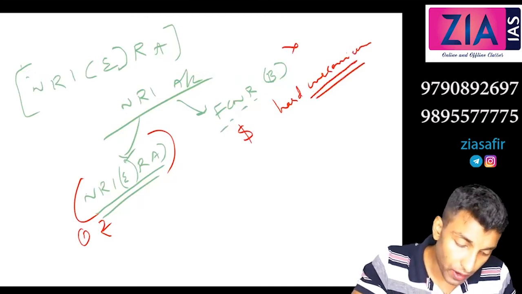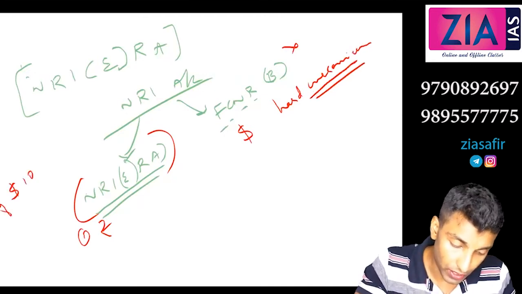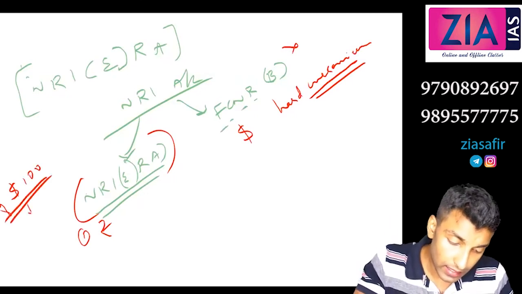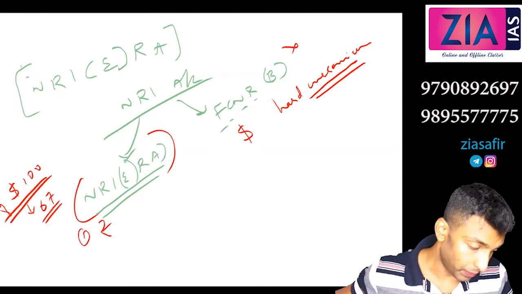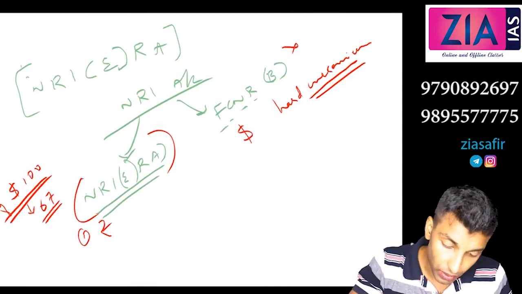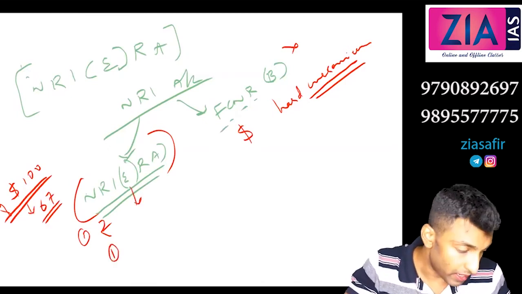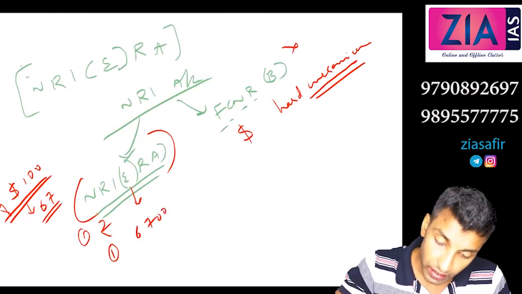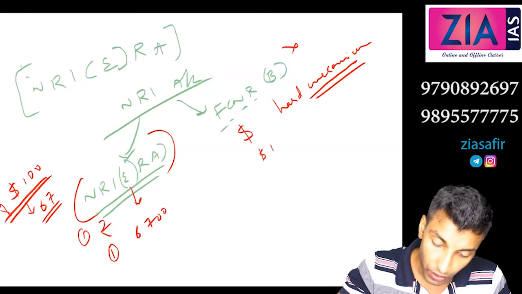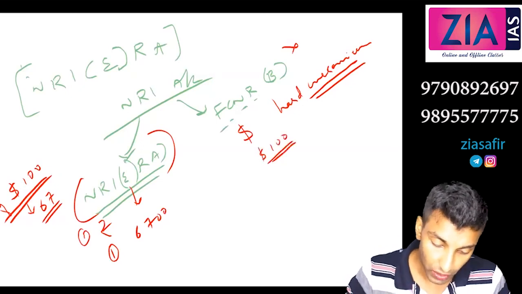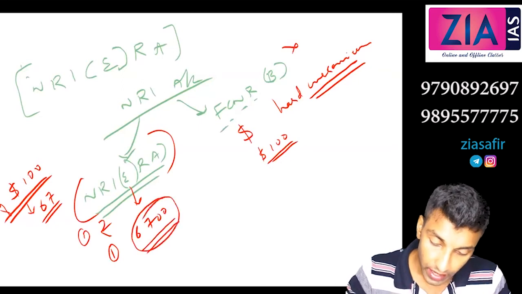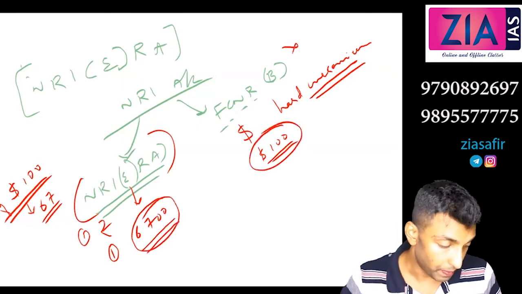Let's say $100 is deposited, and let's say 67 is the market value of the dollar. In the first account, the market value will be credited directly, 6700. But in FCNR, directly $100 will be credited.